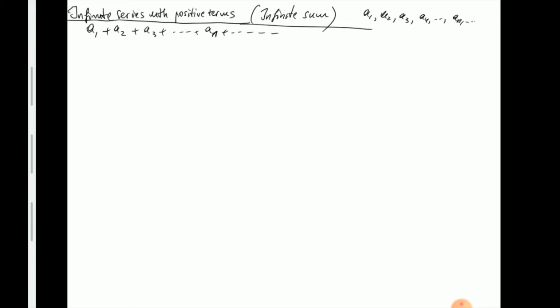What happens if I add all of the elements, like all infinitely many of them? And the intuition can fail because you may think that, well, didn't you just say that the sequence is positive? So, if I add up positive terms indefinitely, don't I just go to higher and higher values, basically to infinity?